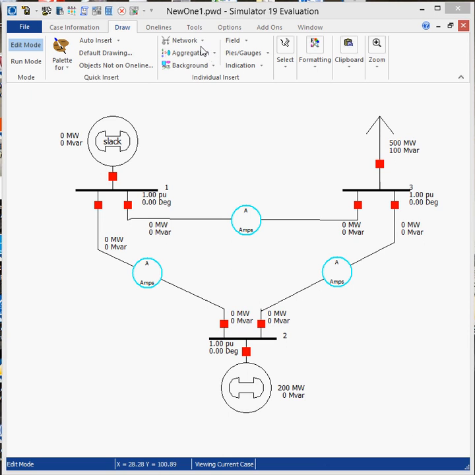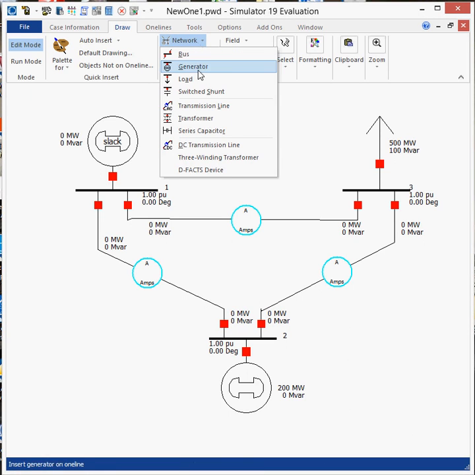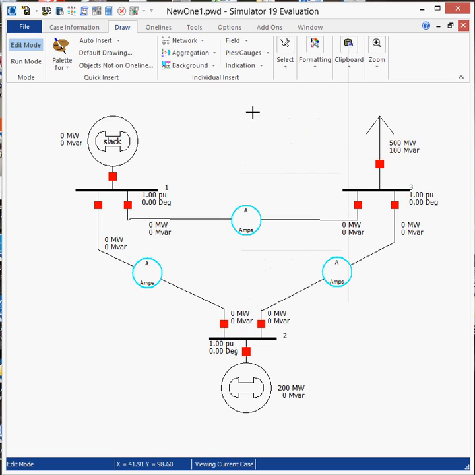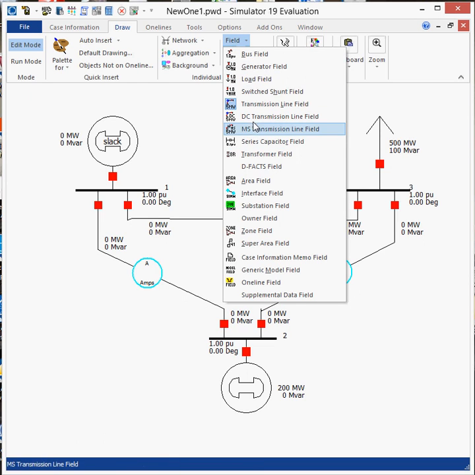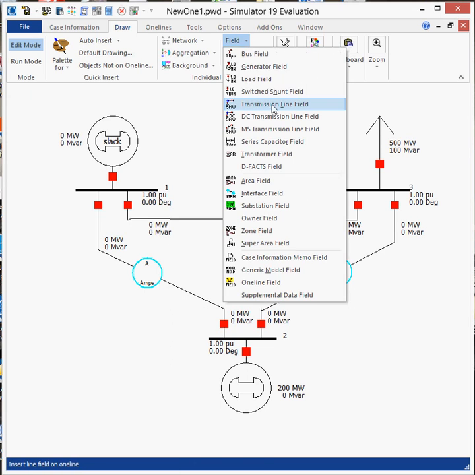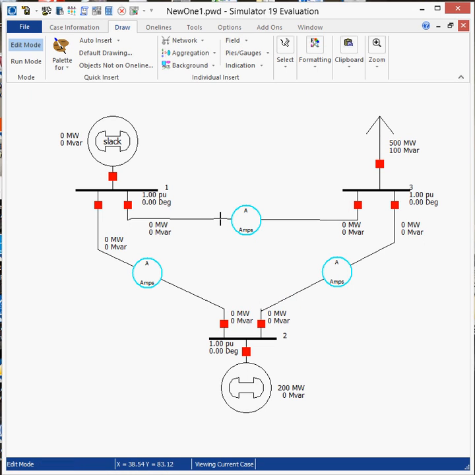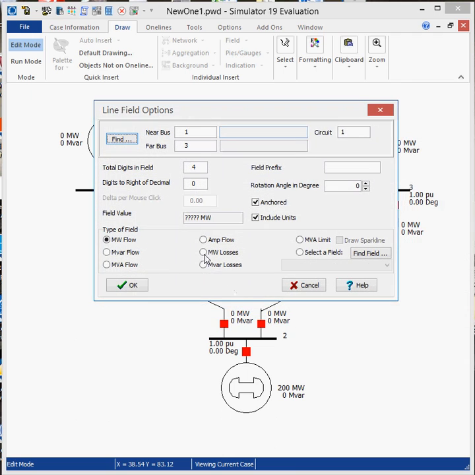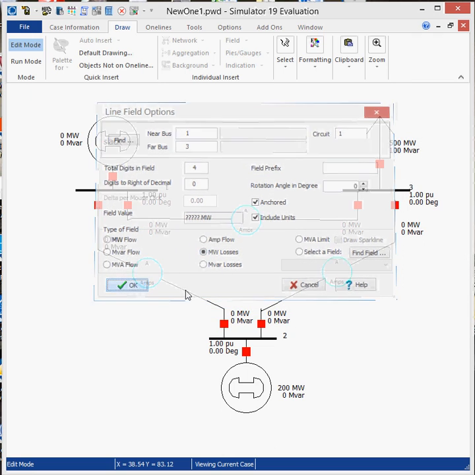So now you can actually display the line losses if you want. Just go to fill and select transmission line fill, click on that line and select megawatt losses.